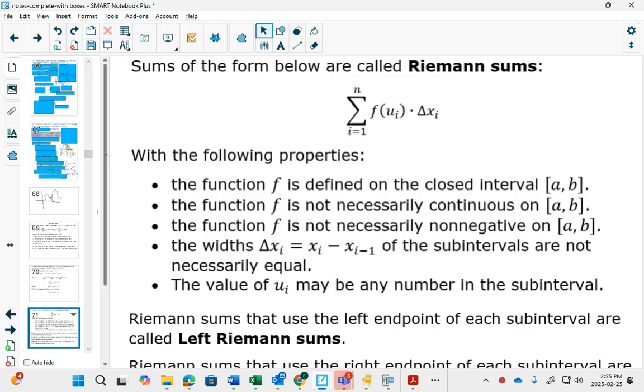So, it's defined. It's continuous. Okay? We find out that it doesn't necessarily have to be continuous, which is interesting. It doesn't necessarily have to be non-negative. We're going to find out that areas that are below the x-axis are actually negative areas, and areas above are positive areas.